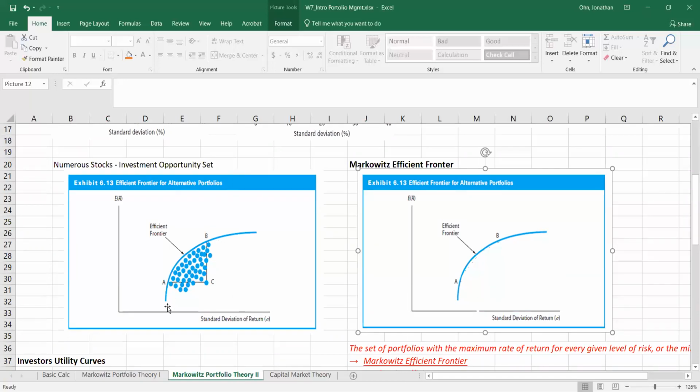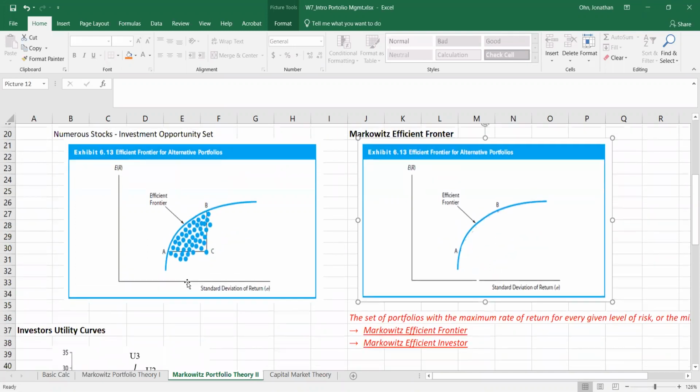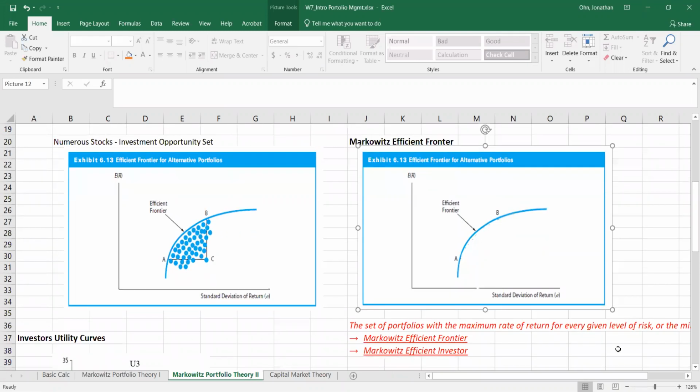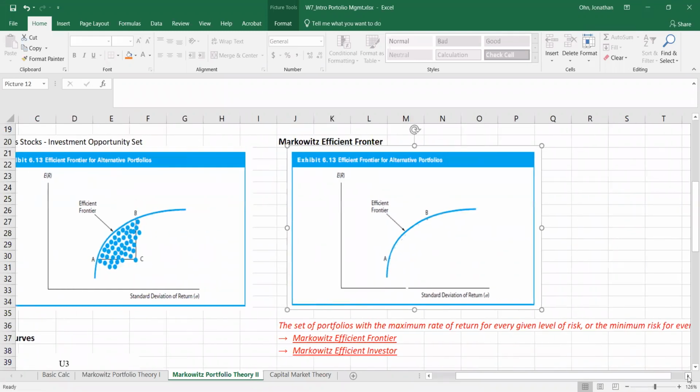Everything inside this umbrella is an investment possibility. Okay, but they are not equal. A simple idea, dominance, is this.